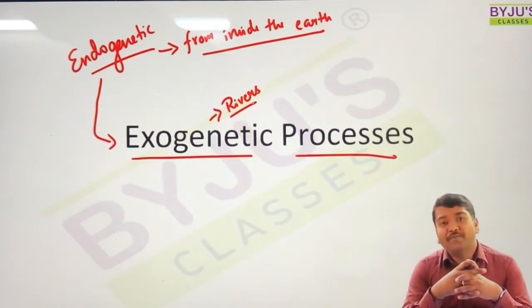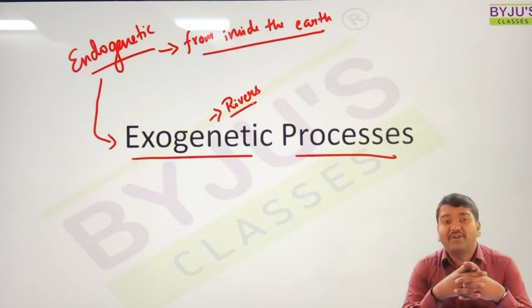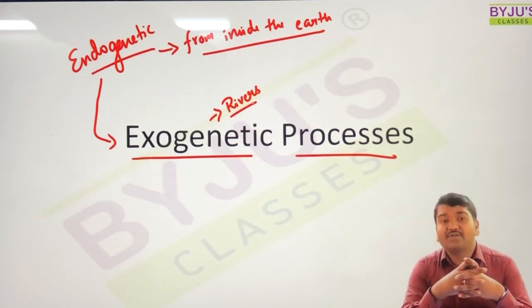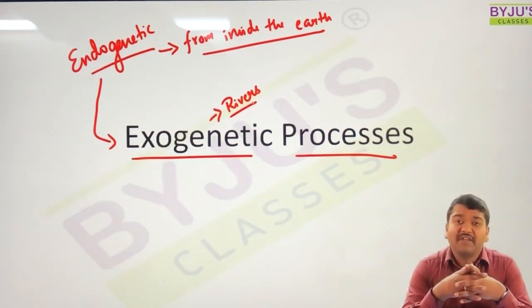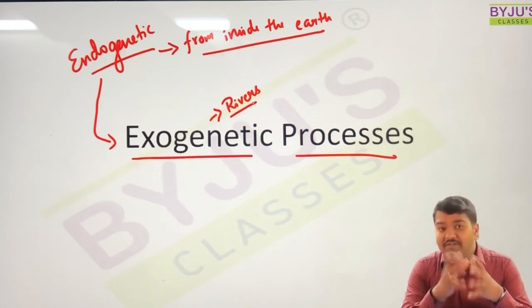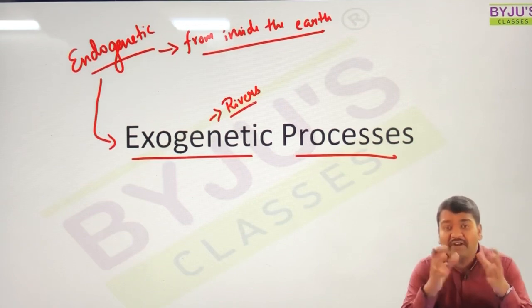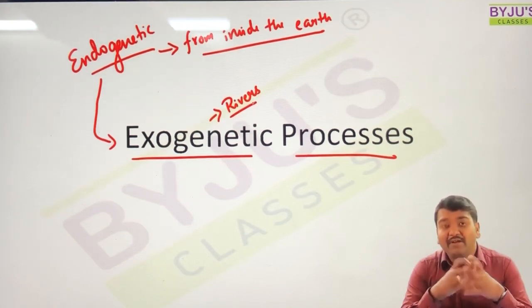And as we know, the major source for its movement is the energy received from the sun. Rivers are associated with rainfall, which is in turn associated with the energy. Air blowing to form wind, wind action is possible mainly because of the energy received from the sun.